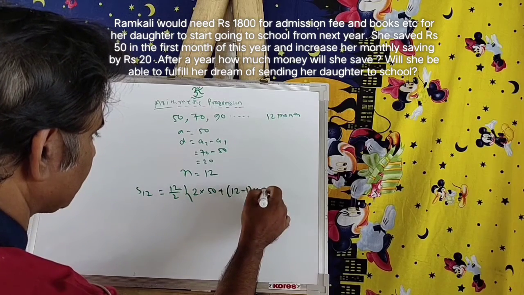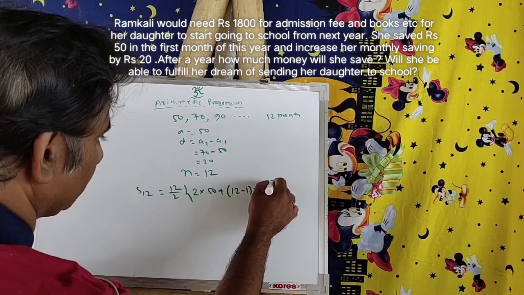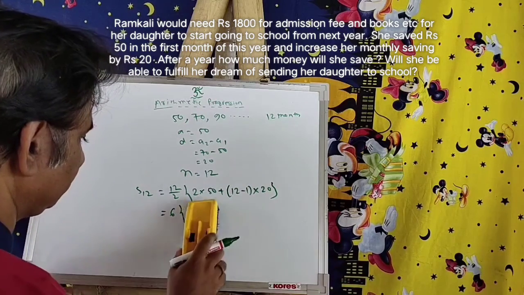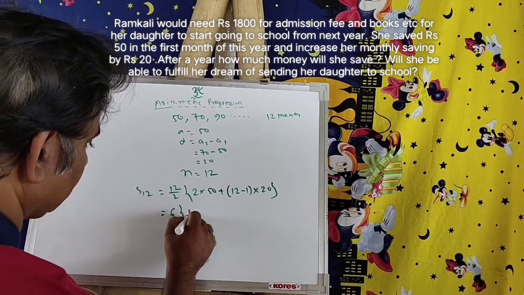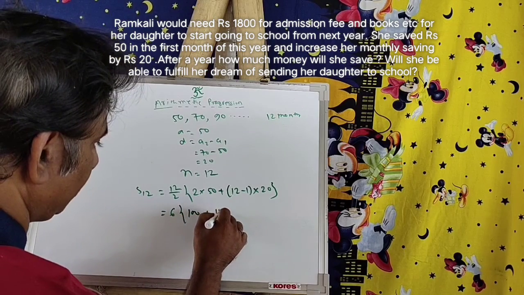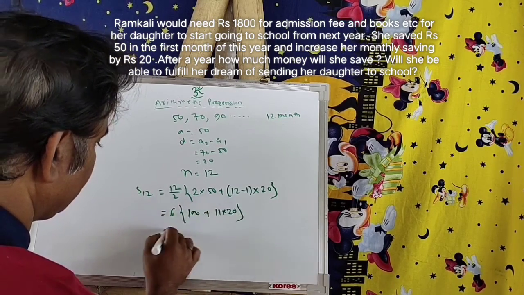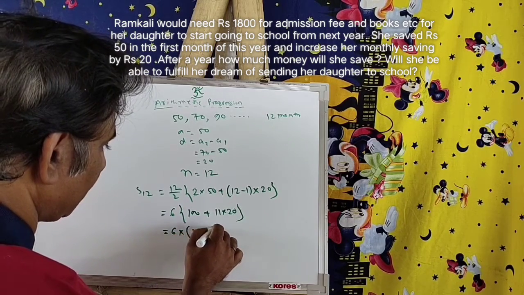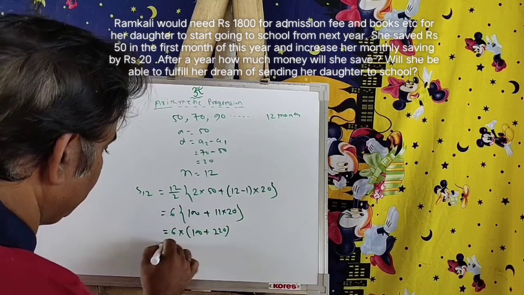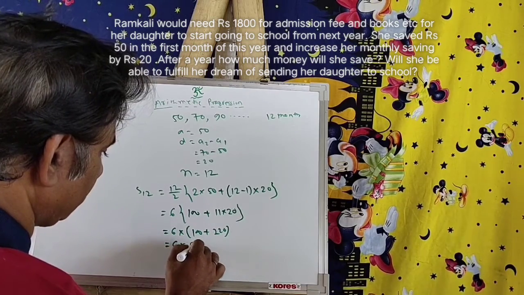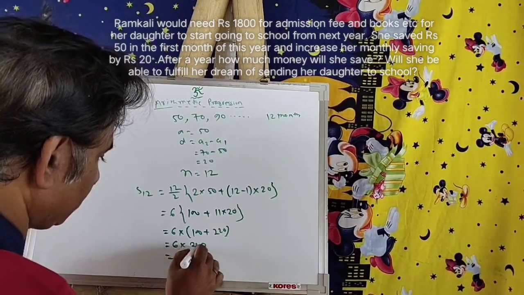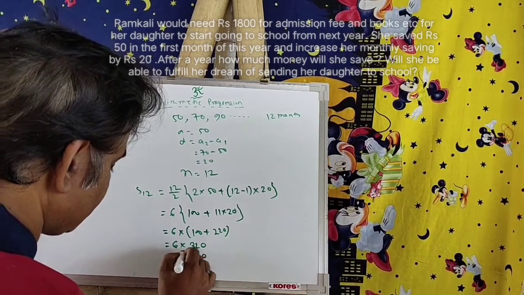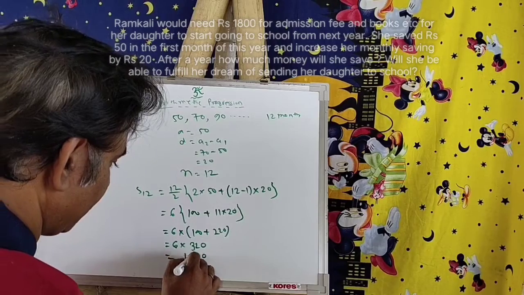That is 6 into [100 plus 11 into 20], equals 6 into [100 plus 220], equals 6 into 320, equals 1920.